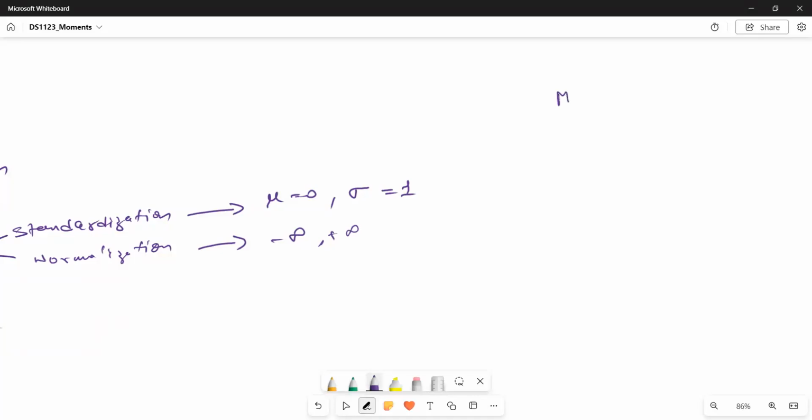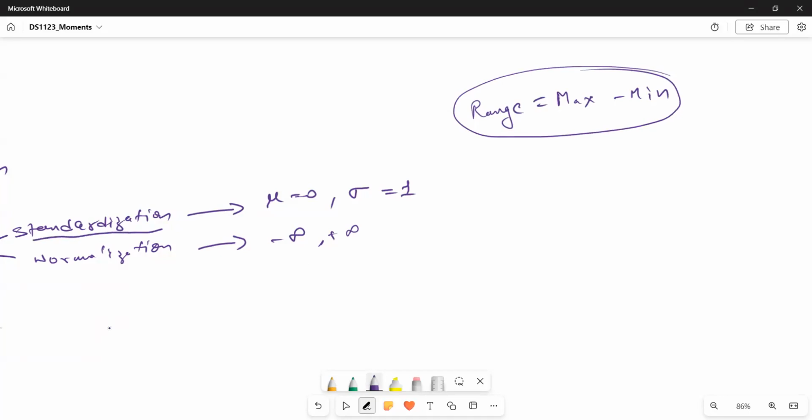By subtracting the minimum value from the maximum value. This has to be the same for everyone. So for example, when you apply standardization, values get scaled in the range of 0 to 1. No matter how large or small the value is, every value will be converted in the range of 0 to 1.